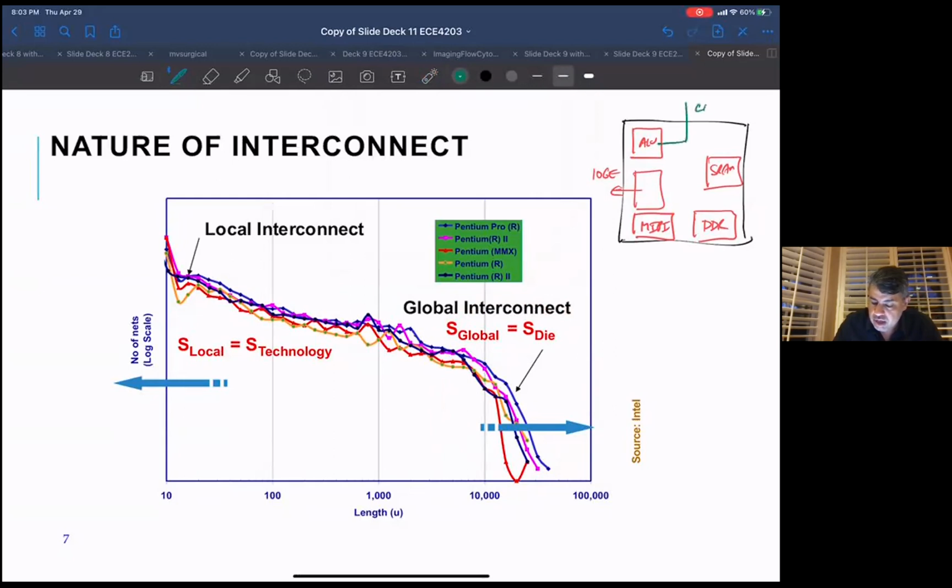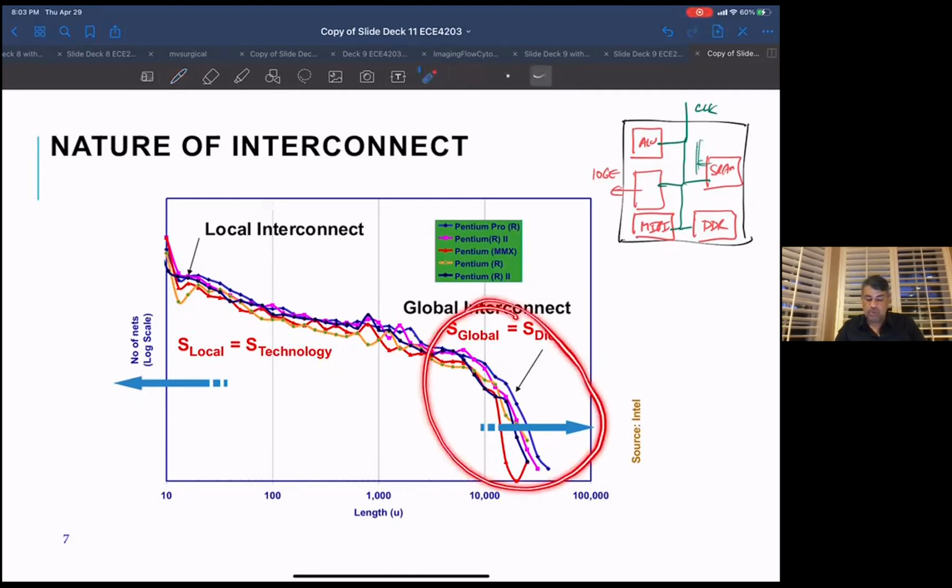You'll have clocks that need to go to all of these blocks or some of these blocks. You might have bus lines that these blocks internally are accessing. So you'll have a certain number of global lines, but much fewer than the number of local interconnects.